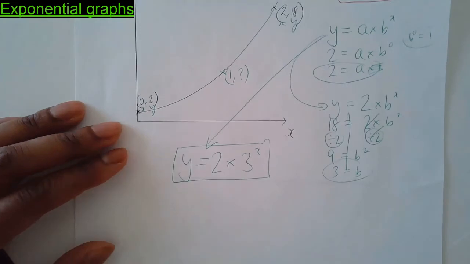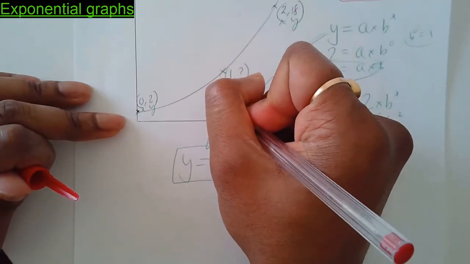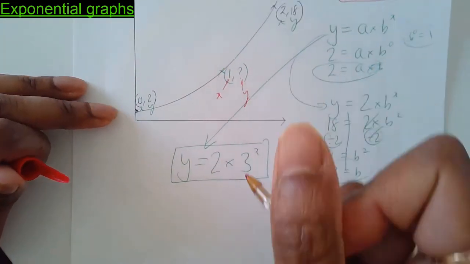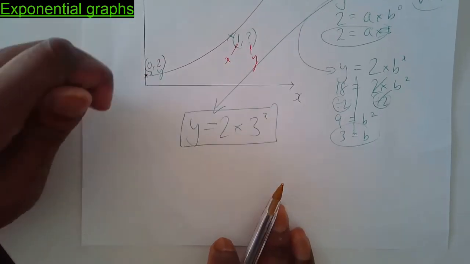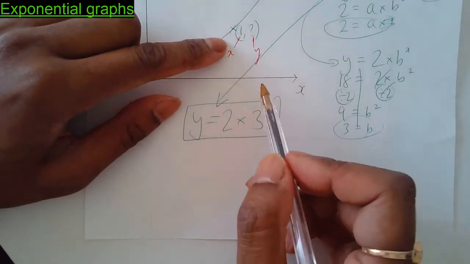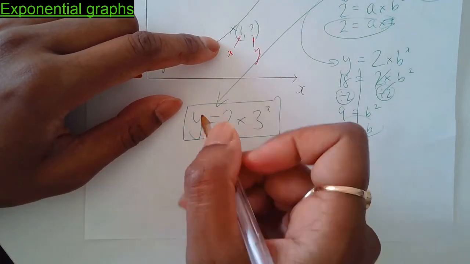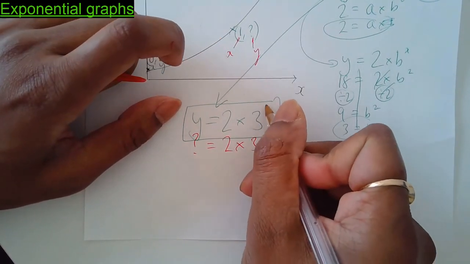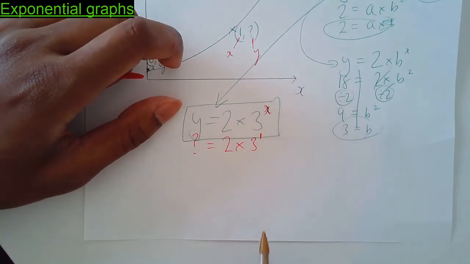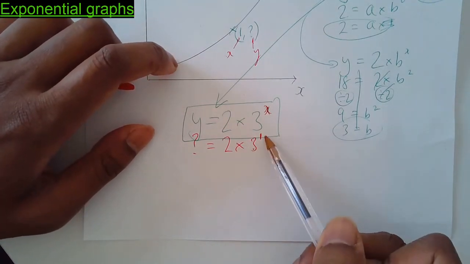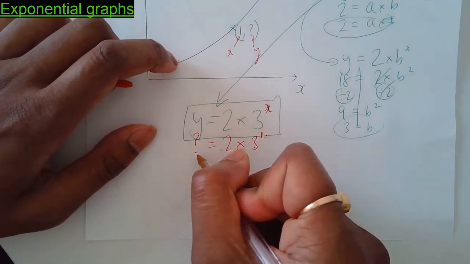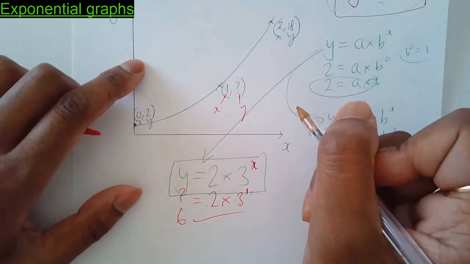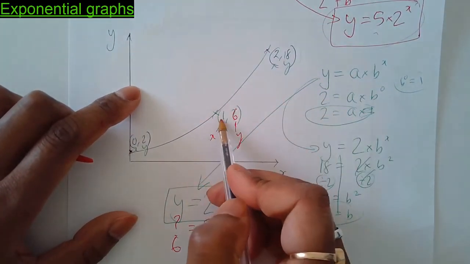Remember, that one there is the x coordinate and that's the y coordinate. So I'm just going to quickly show you. When x is 1, what's the value of y? 3 to the power of 1 is 3. 3 times 2 is 6. So we've got our answer there, 6. When it's 1 on the corridor, 6 up the stairs.